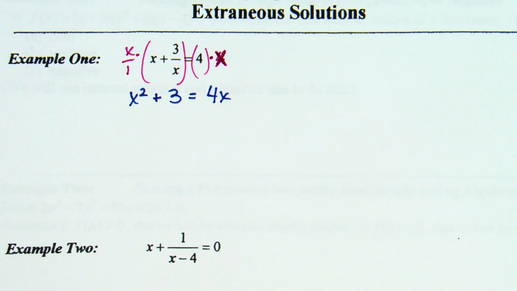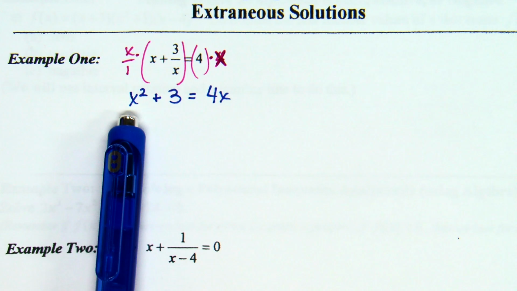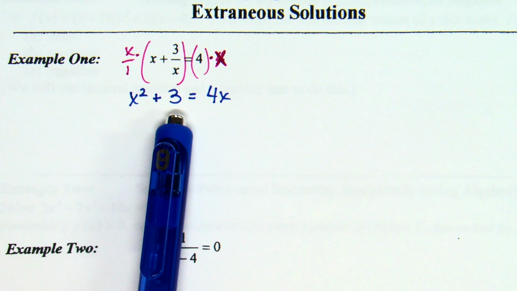Okay, the question in class, are we going to set this equal to 0? Would that be a good idea here? Yeah, based on the fact that there's an x squared term, an x term, and a constant term, we want to think about making this equal to 0. So how am I going to make this equation equal to 0? Okay, by taking over the 4x.